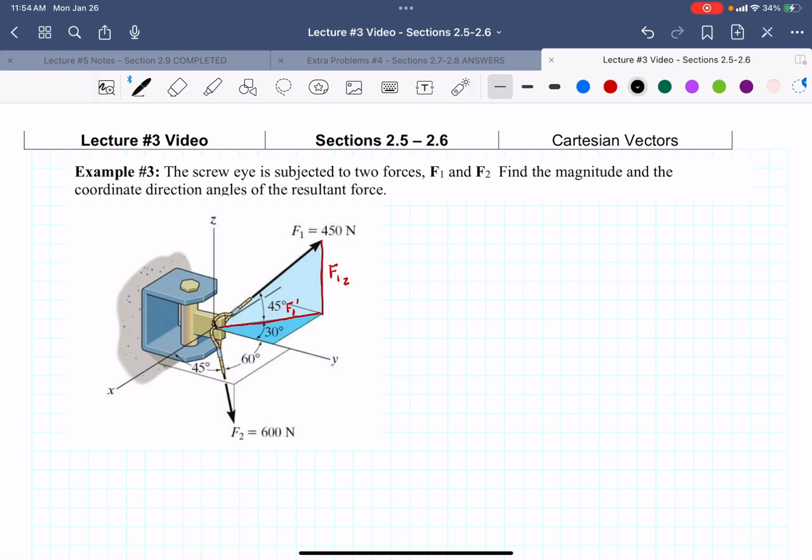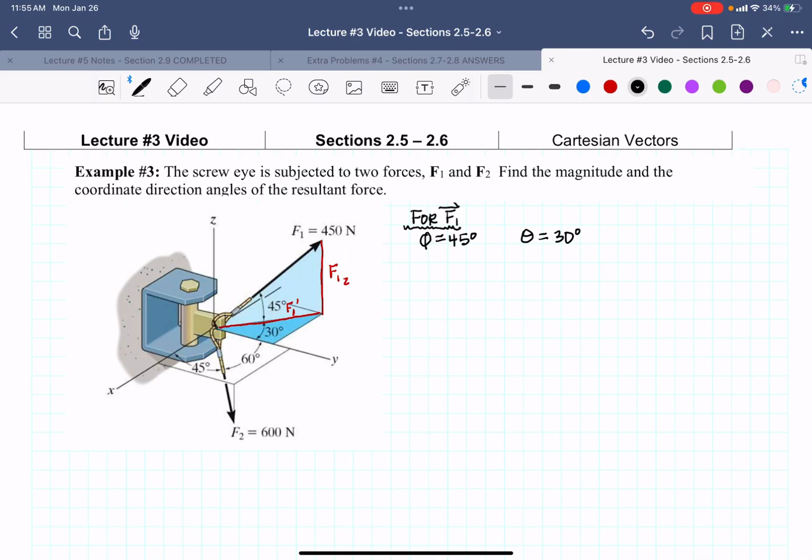So for F1, I notice that my phi is equal to 45 degrees, and my theta is equal to 30 degrees.